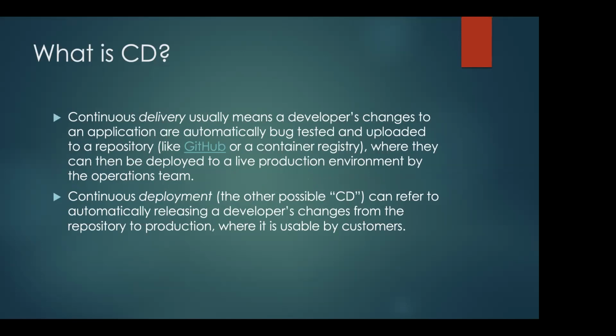Now, what is continuous deployment? Once our code is ready, it should be deployed to maybe our production server or a staging environment. It can be anywhere, but continuously, as and when our code is ready, it should be deployed. This process is called continuous deployment.